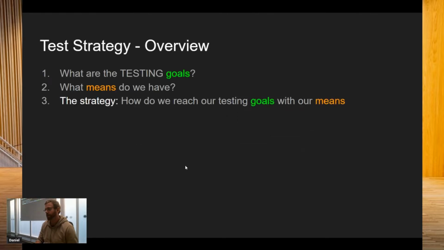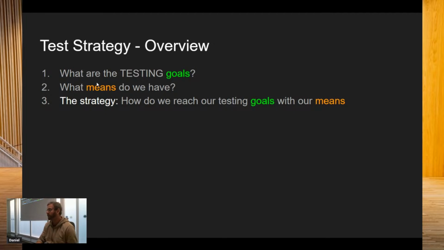So we're going to do a plan for testing for software. And in order to start the plan, in order to have something to plan, we need a strategy. And a strategy is essentially that we need to know what kind of testing goals. I've mentioned it before, testing goals. And when we know the testing goals, we also need to know the means.